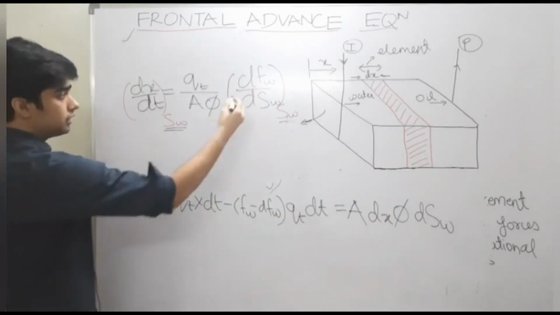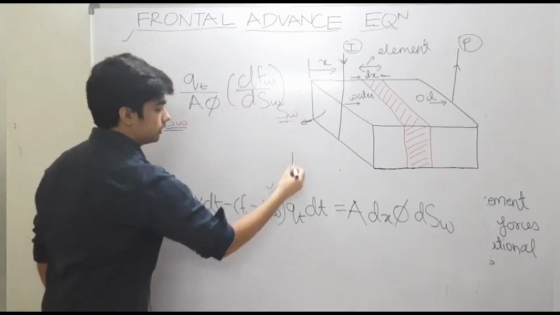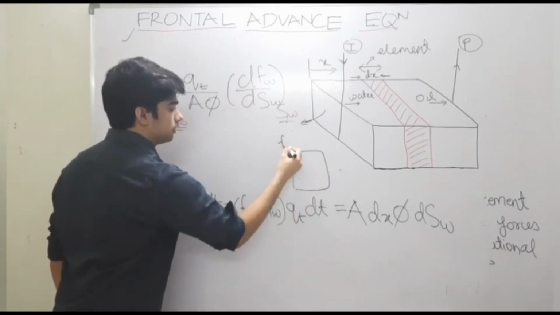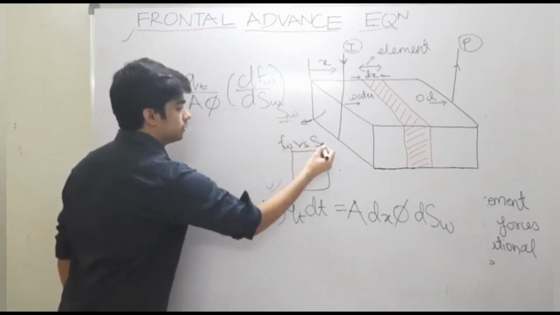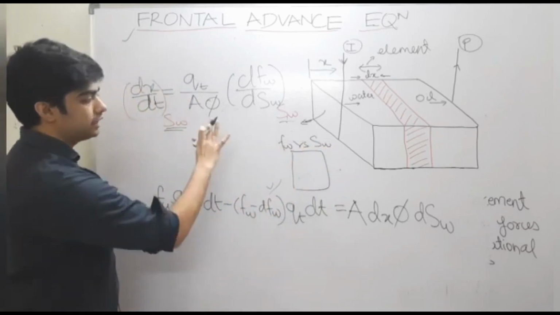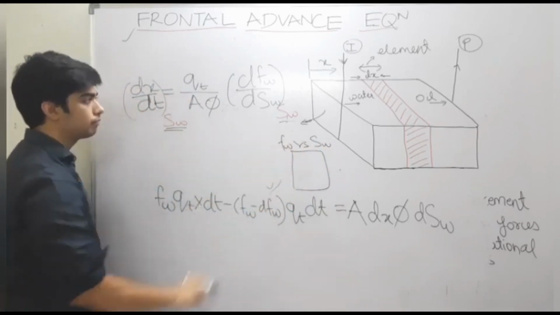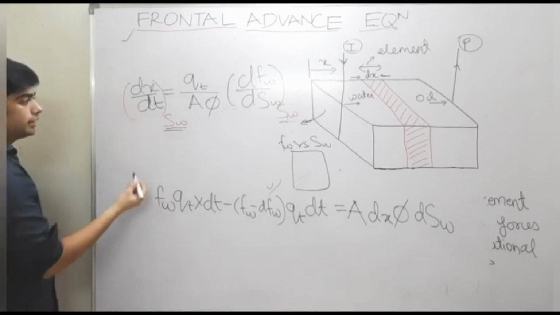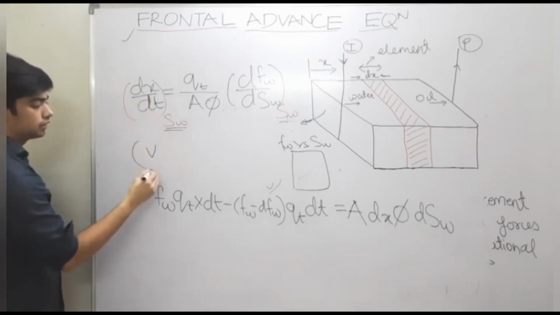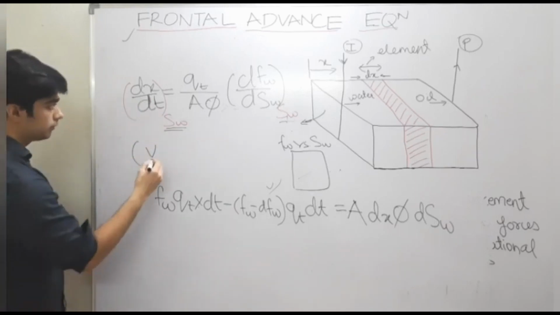Now this is basically your slope in the FW versus SW graph. We will see different aspects of this graph later. And dx by dt, which can also be written as velocity.